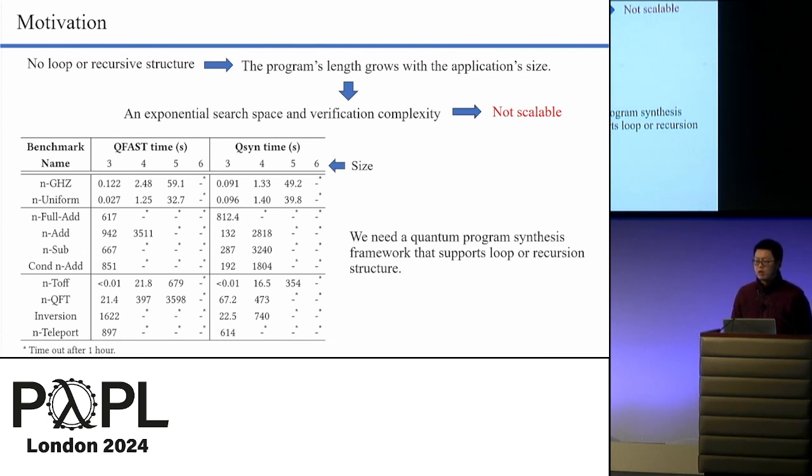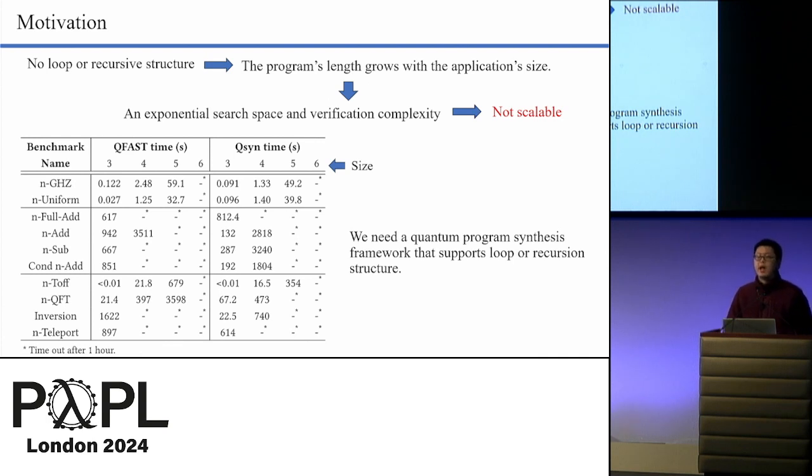Another quantum-specific problem is that the semantics of quantum operations is usually a matrix related to the application size. So these two points mean that the synthesis techniques will have an exponential search space and verification complexity, which leads to the result that these techniques are not very scalable.